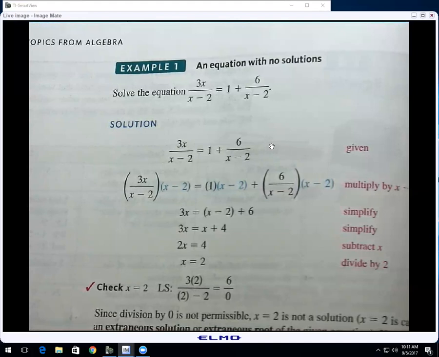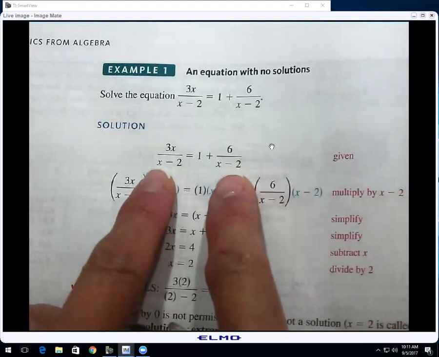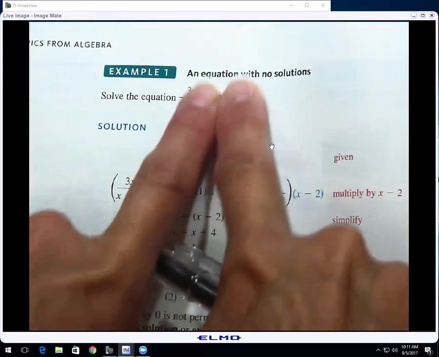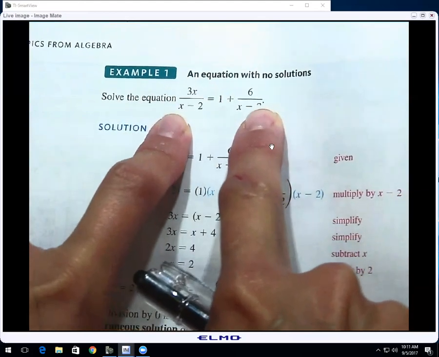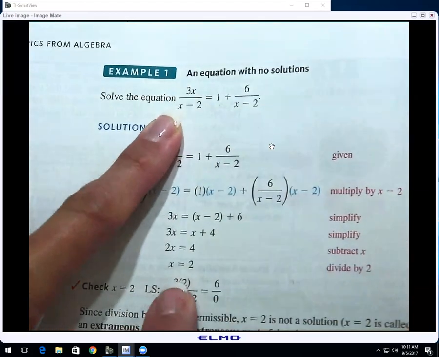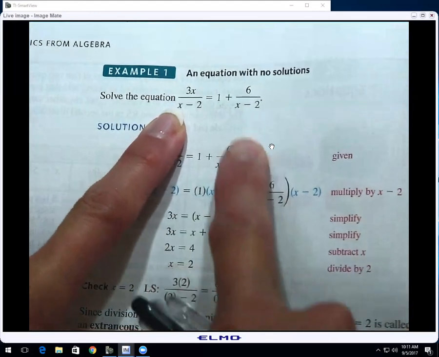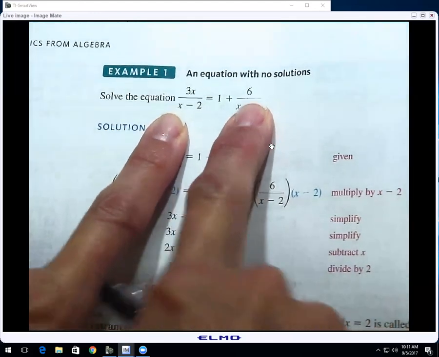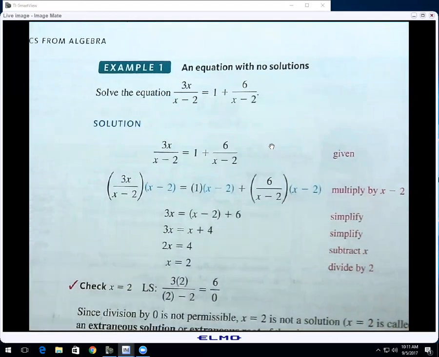If you put 2 back into that original equation, it's going to make both of those denominators 0, which is going to make both of those expressions undefined. You cannot use a proposed solution that makes the expressions in the equation undefined.